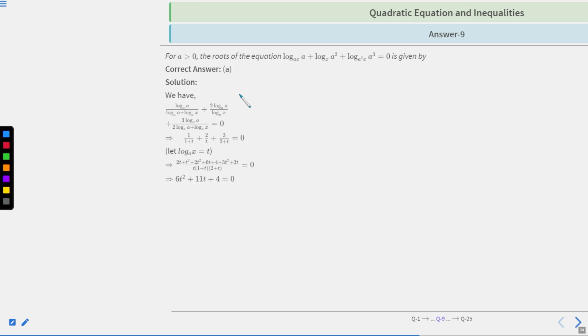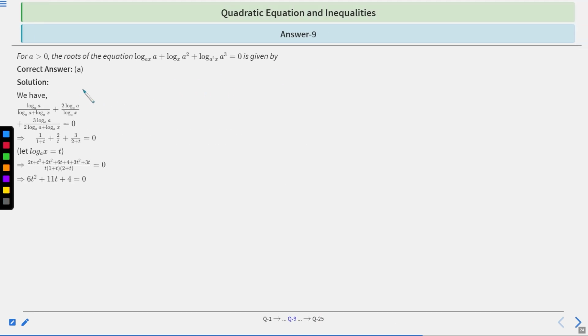Okay, let's move to the solution part. See, we have this expression, right? So this can be written as log a upon log c. Log ax can be written as log a plus log ax, right? And numerator is log a square, which is 2 log a upon 2 log a plus log ax, and in the numerator 3 log a equal to 0, right?